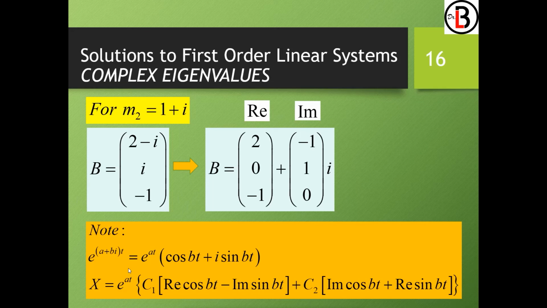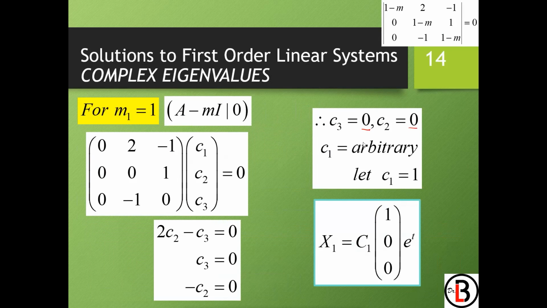Now this, guys, is what you call the Euler form of the solution, that if you have a complex eigenvalue, it would have this. But since it's a system, what we do here is C1, and then Re is actually the real, and then Im, when you notice the Im, it's imaginary. Take note, what is A, what is B?